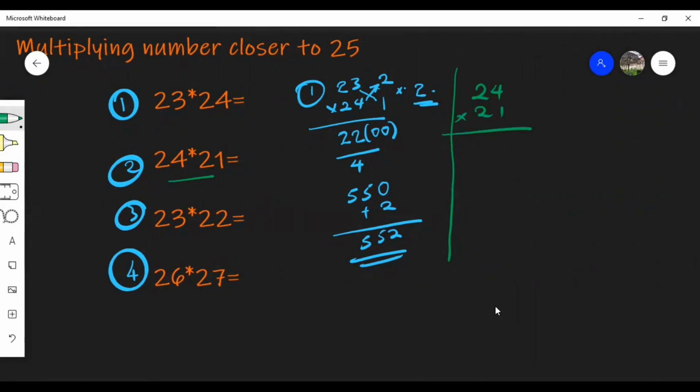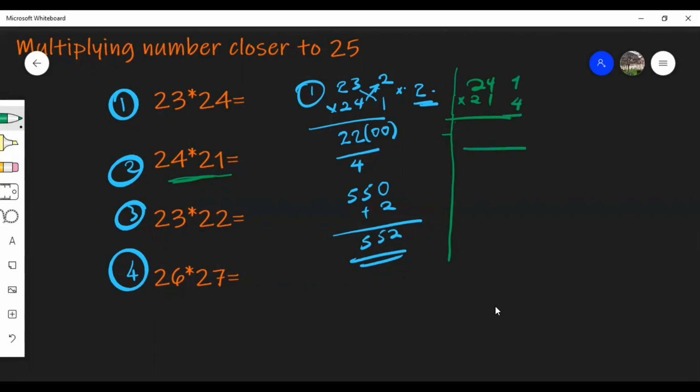Again, the most important thing is to know the difference between 25 and 24. This one gives you 1, this one gives you 4.